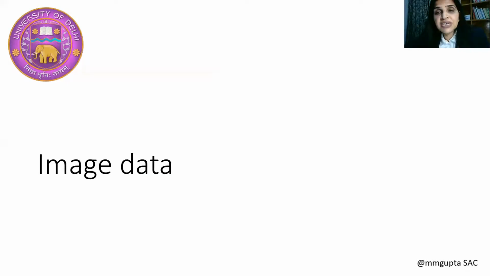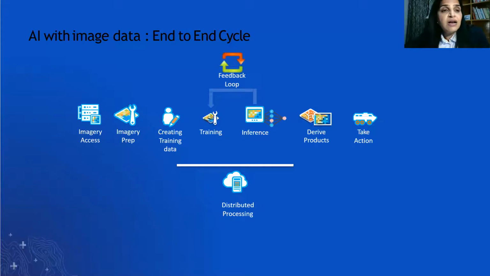Then coming to image data, and how machine learning algorithms are applied there: again it is an end-to-end cycle, like the spore images which I told you about. We give the imagery as input, it takes in the data and creates training data, and after training, on the test data it makes an inference about what the image contains and gives us an output.